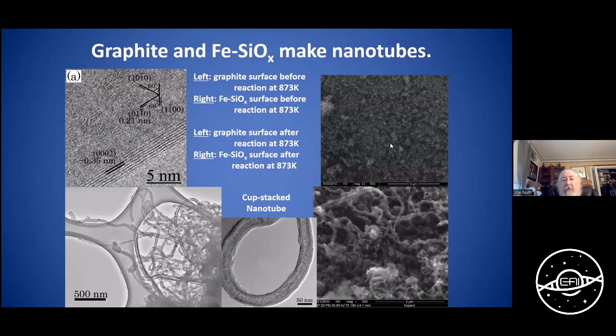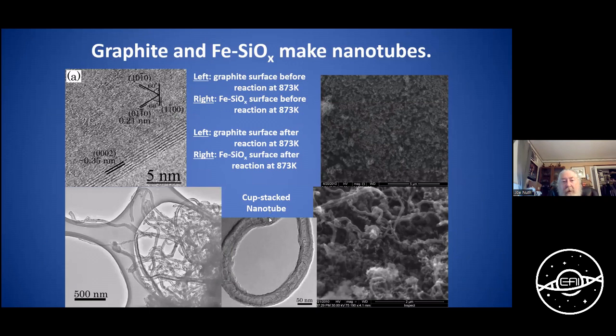And so we did some experiments. Again, this is graphite starting material. This is an iron silicate starting material. We managed to circulate the mixture at modest temperatures, 873 K, 600 degrees C, over these, and you see the formation of carbonaceous nanotubes.